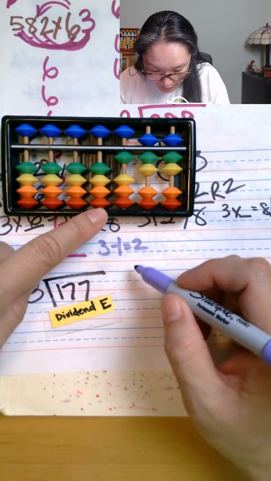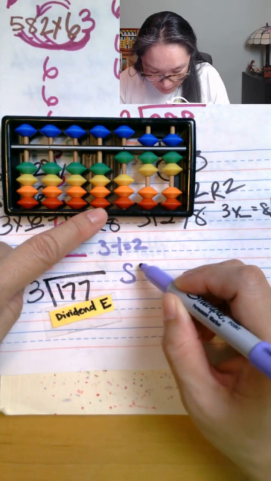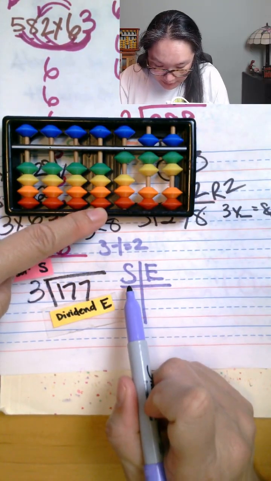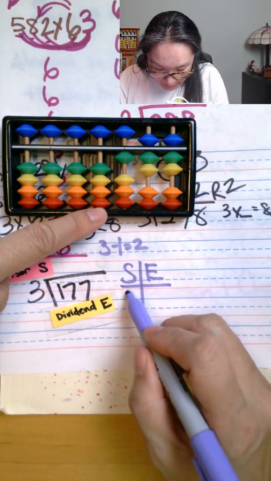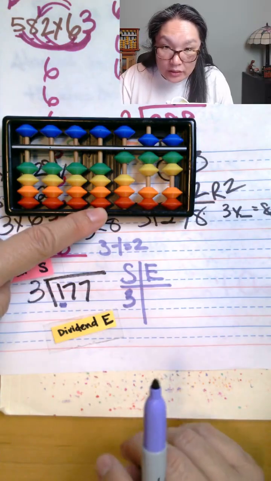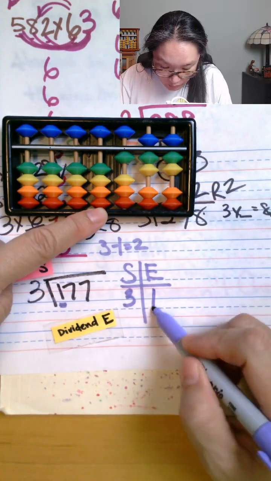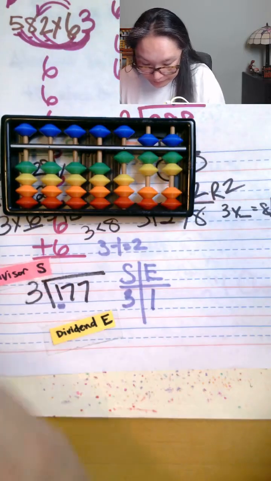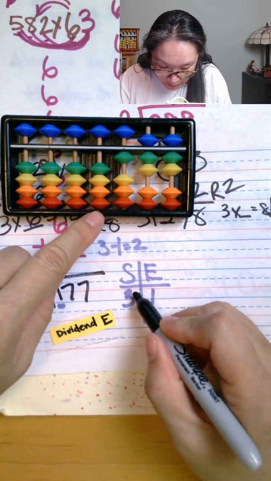Now, the first thing we're going to do is compare. Our divisor is 3. Our dividend, we only look at 1 digit, which is 1. Who is bigger, our dividend or our divisor? Our divisor is bigger.